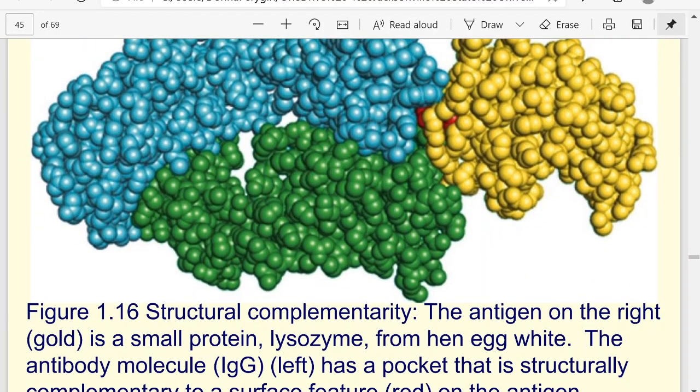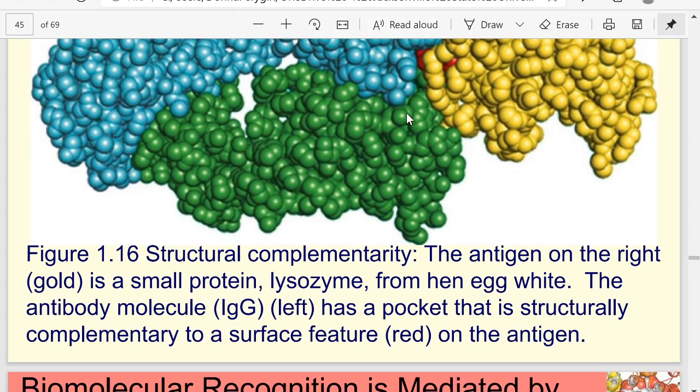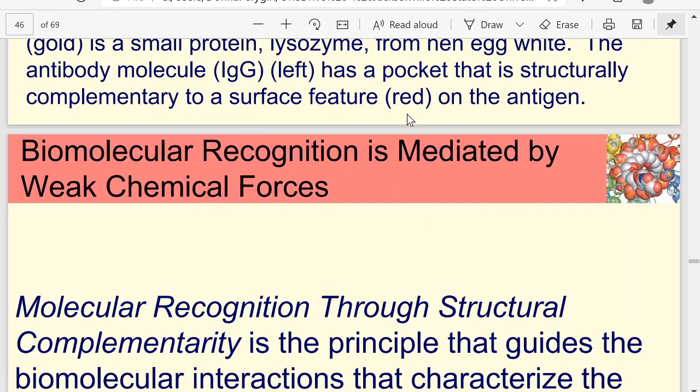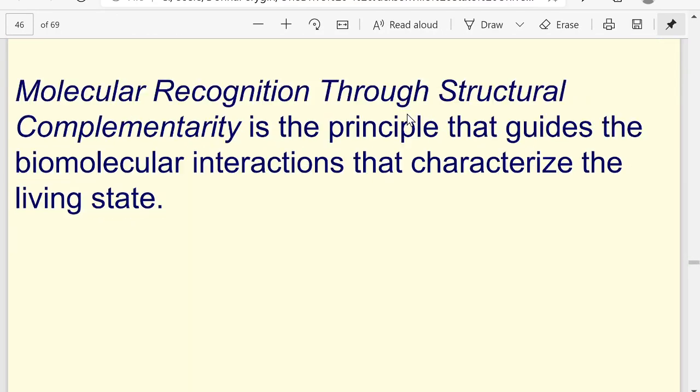So we may have positive and negative charges, hydrogen bonding interactions, ionic interactions, hydrophobic interactions, something here. I'm not really that familiar with this complex up close, but if we looked at it in some modeling software, we'd be able to identify the types of interactions that exist here on this protein.